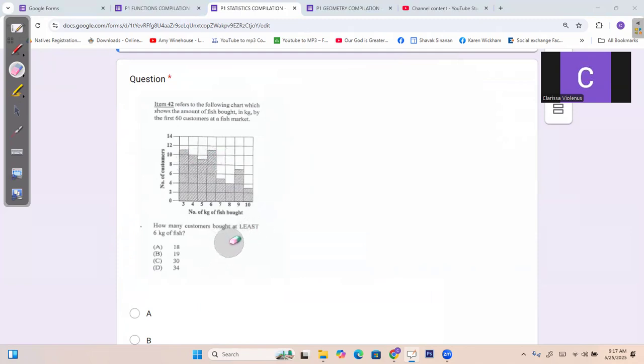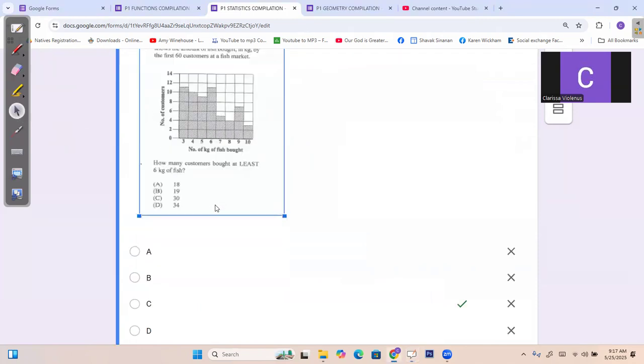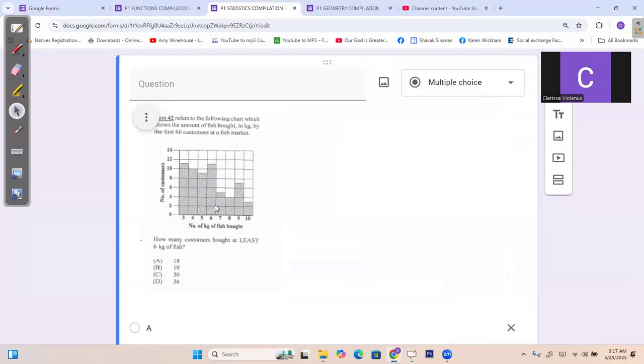How many customers bought at least 6 kg? So at least means 6 kg and more. So that means the numbers that we need are 6 and above. So this would be 11. This would be 5. This would be 4.